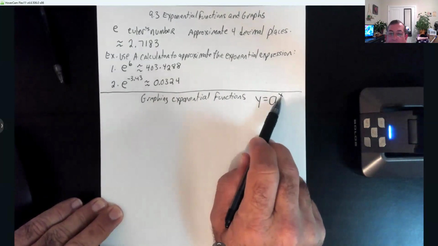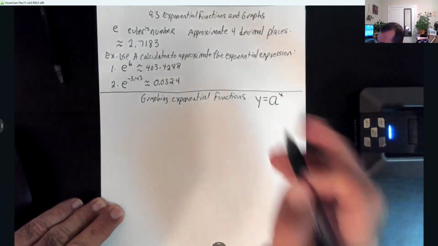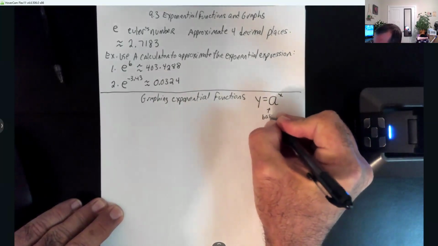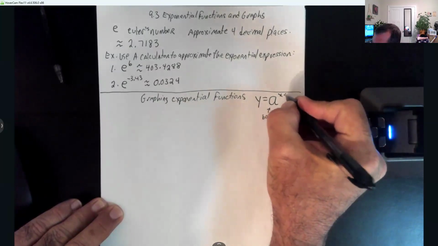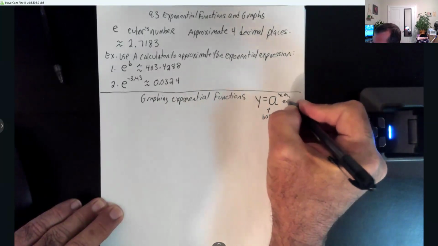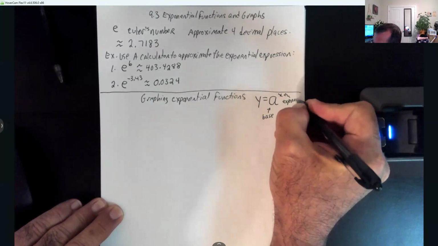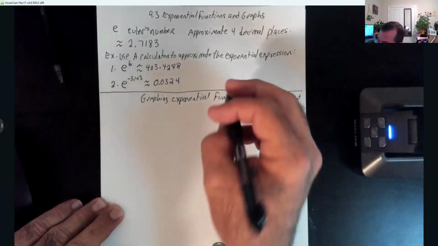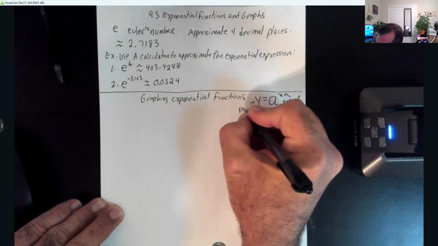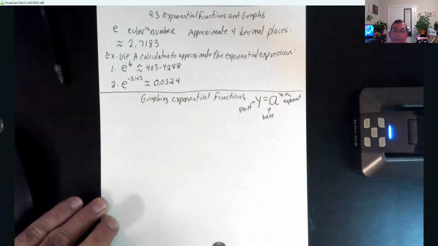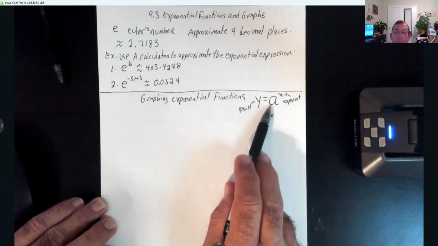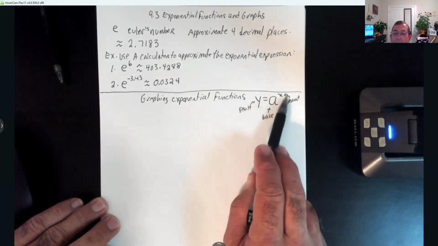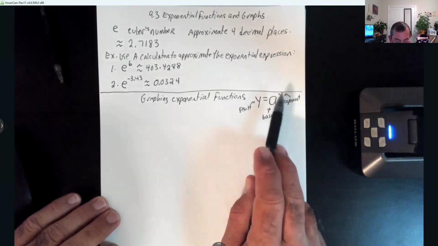The exponent is now the variable. So a is what we call the base. x is your exponent. And then y is your result. Okay, so the base will be some number, and the variable will actually be the exponents, okay?